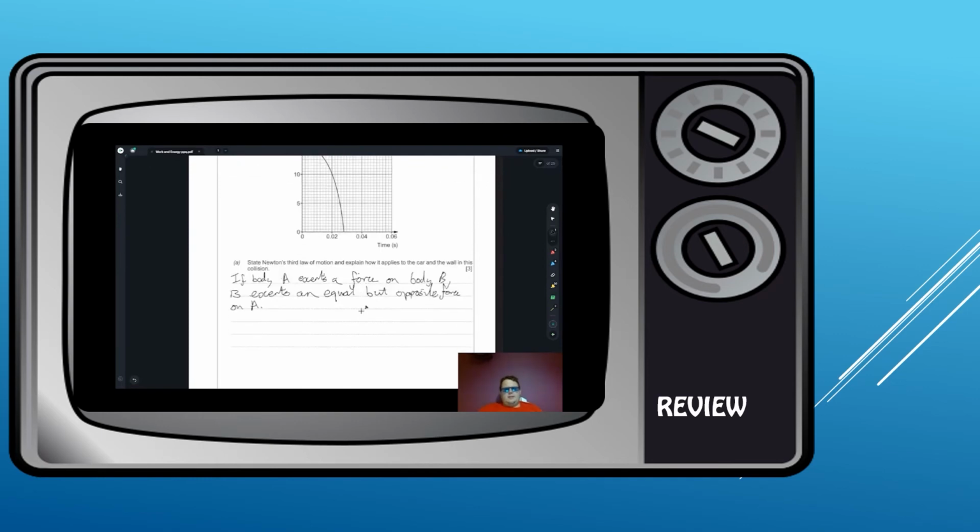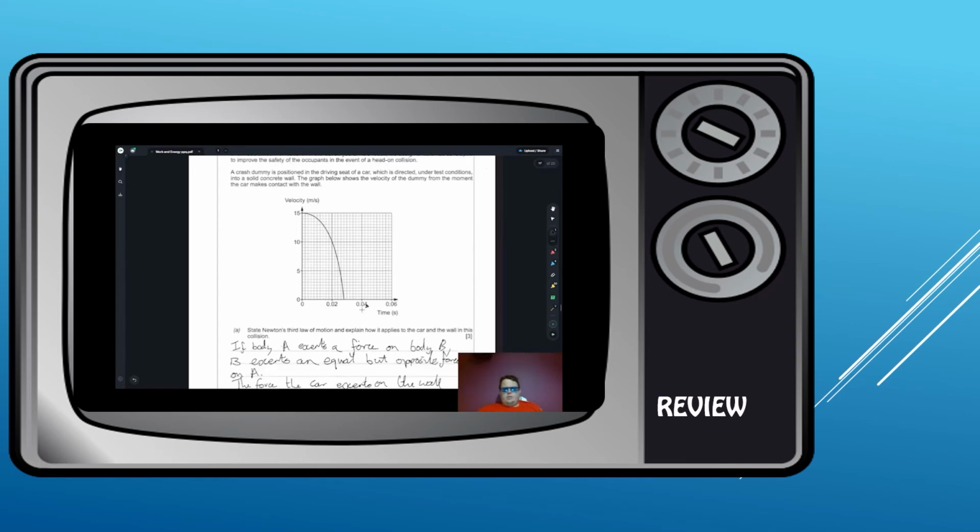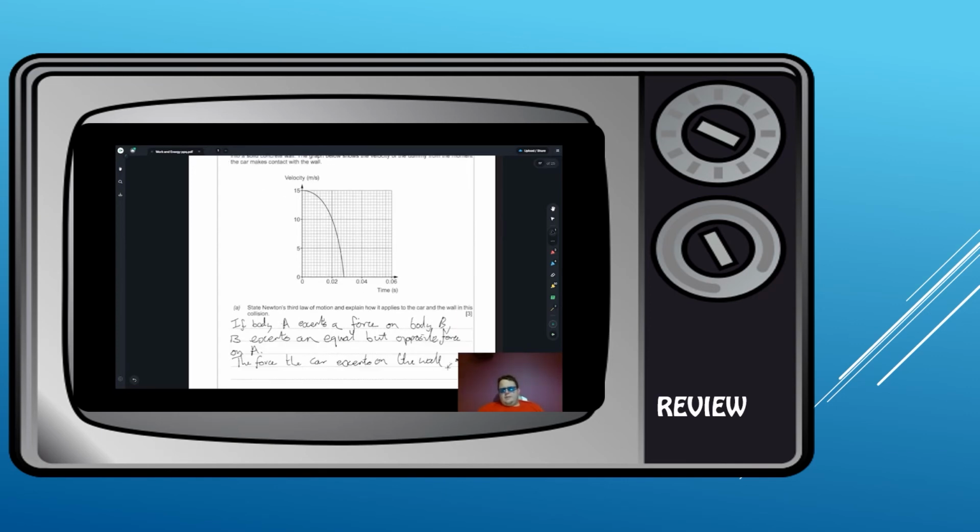Okay, so basically how it applies to this is that the force the car exerts on the wall, are we given that force? No. The wall pushes back with the same force.